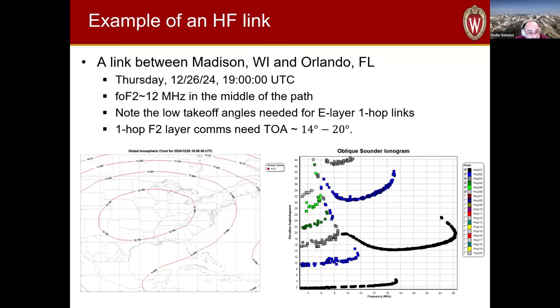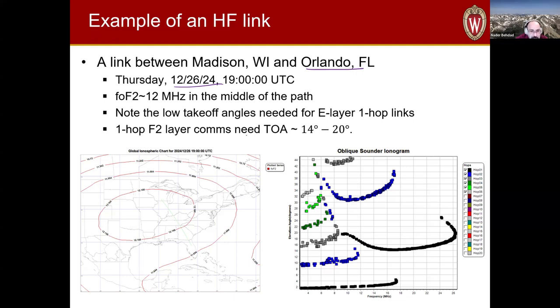All right, so these are things that you can model. So here, for example, I did a simulation, modeling of a link between Madison, Wisconsin, and Orlando, Florida, and this modeling was done for Thursday, December 26th of 2024 at around 1900 UTC.